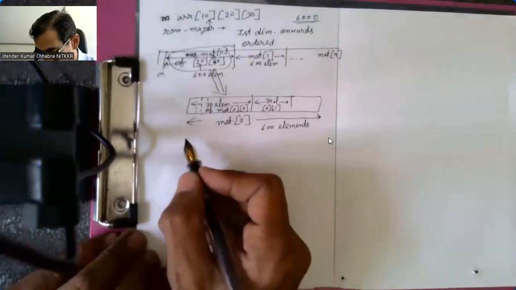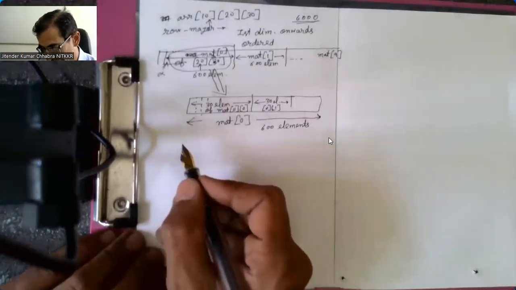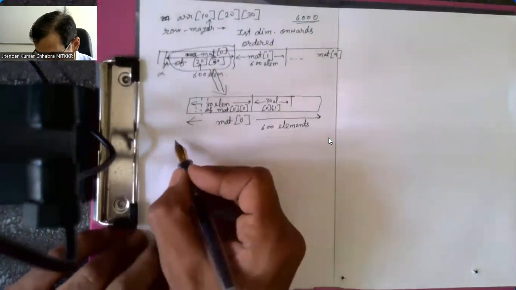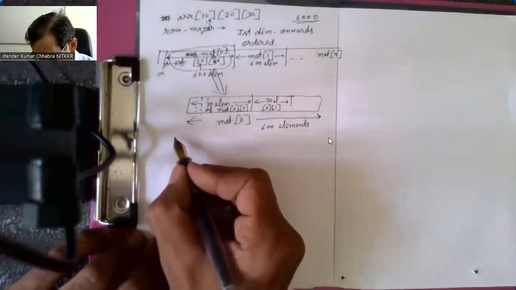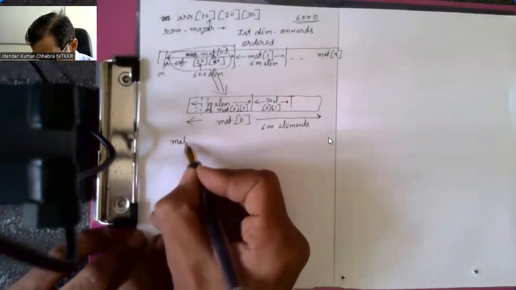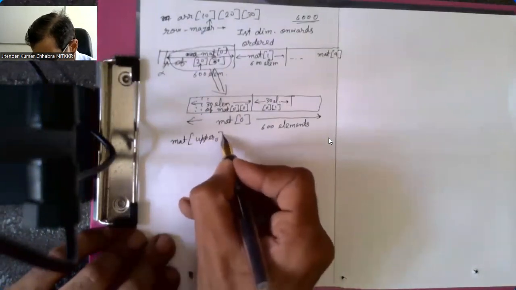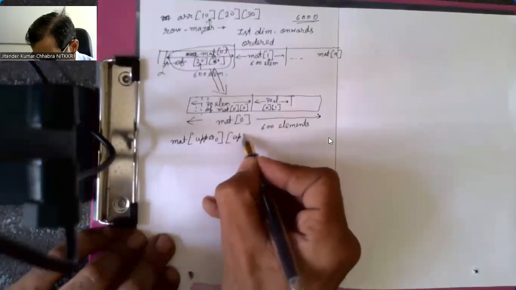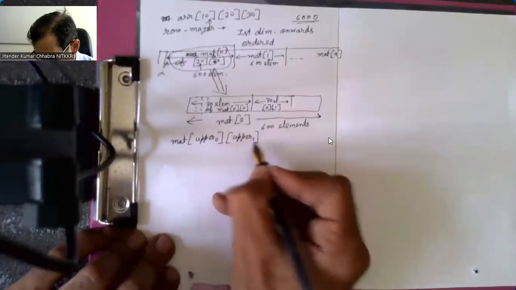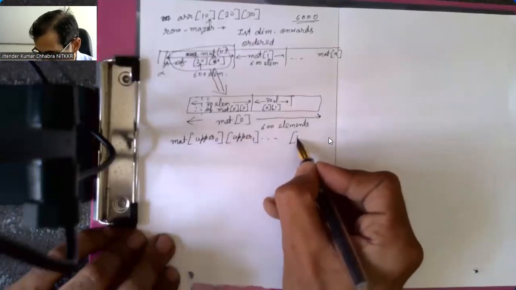But I need to find the address, a uniform or generic address formula. So let's assume I have a matrix of size defined upper 0, upper 1, and up to upper n minus 1.